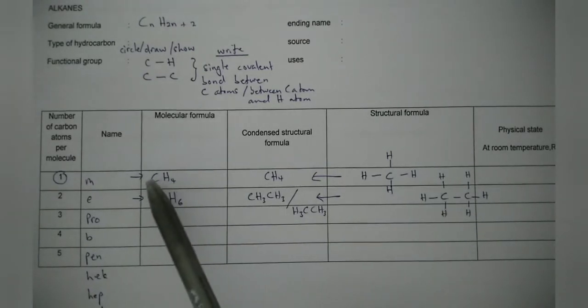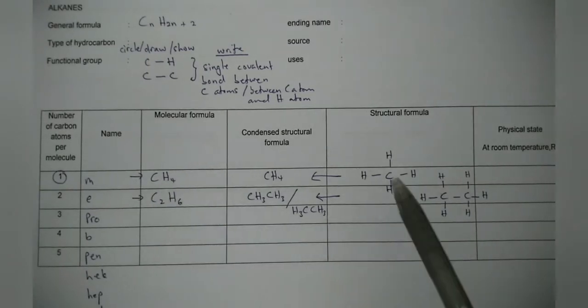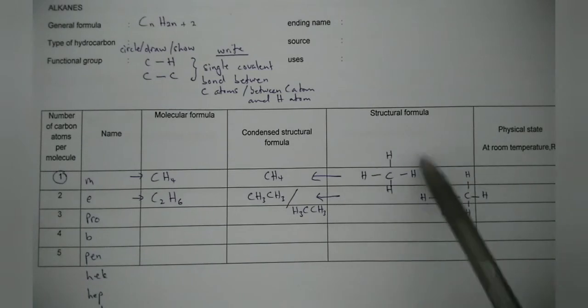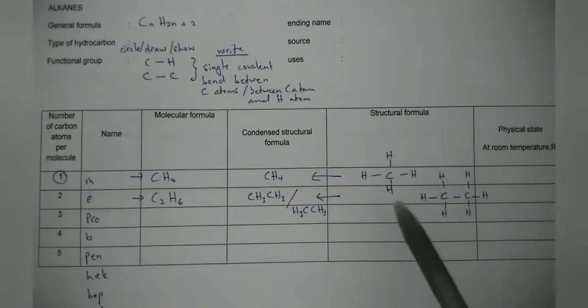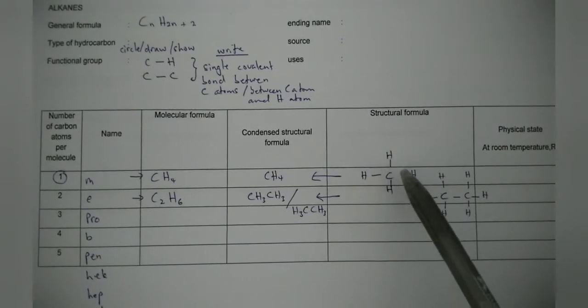We go first to methane, CH4. This is the structural formula for CH4. How can we get here? We use basic knowledge about the formation of covalent bonds. The valence electron for a carbon atom is 4.